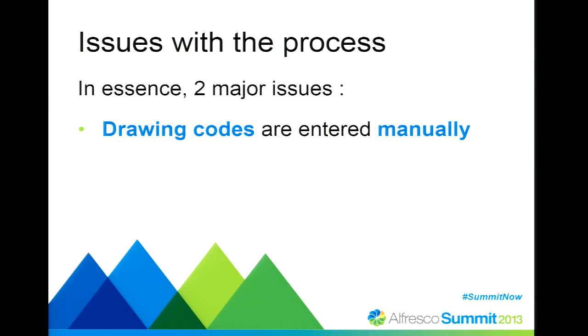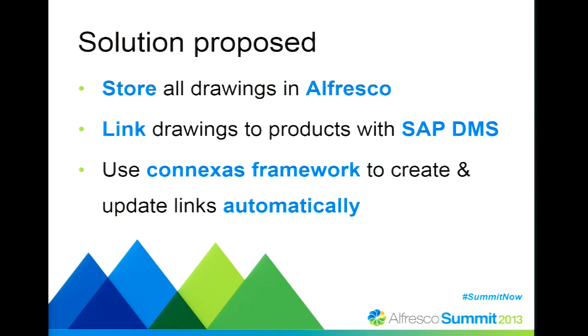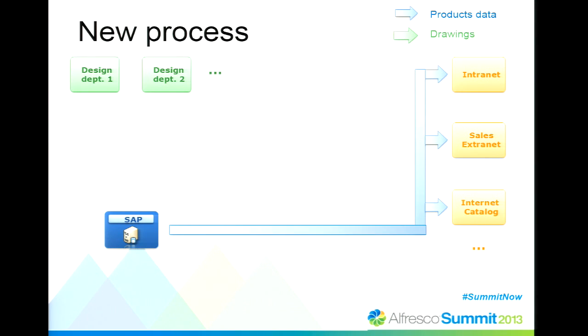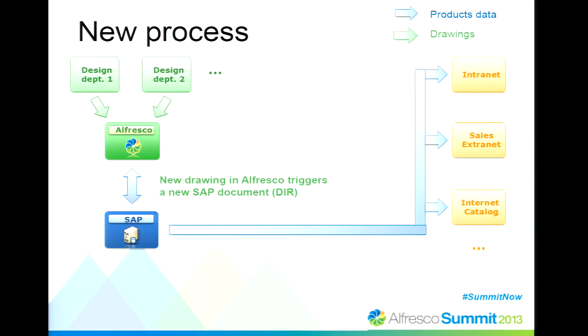So clearly, I go fast here, we want to store this document only once in Alfresco and link the documents to the appropriate channels where we push the information, and of course link it to SAP. So this is the new version, how it looked.